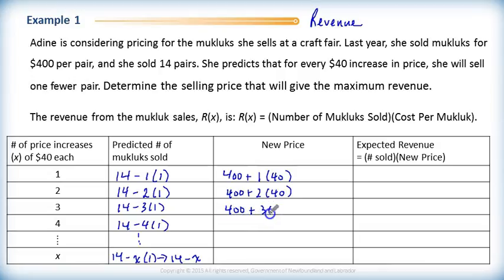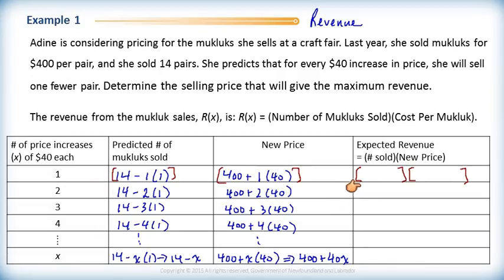If there were three price increases, they'd be $40 each, added on to the $400, and 4 price increases of $40 each would get added onto the $400. So if there were X price increases of $40 each, we'd have 400 plus X times 40, which is typically written 400 plus 40X.